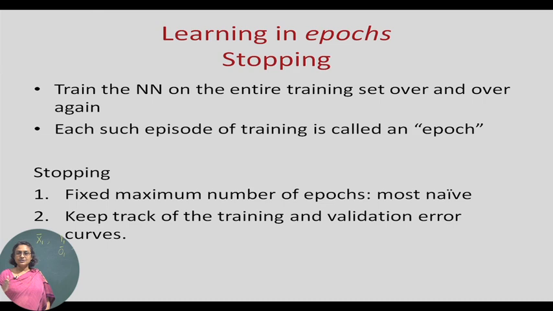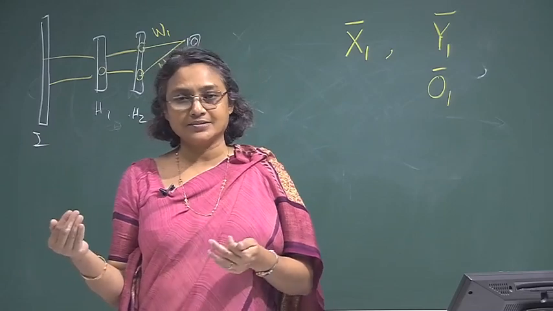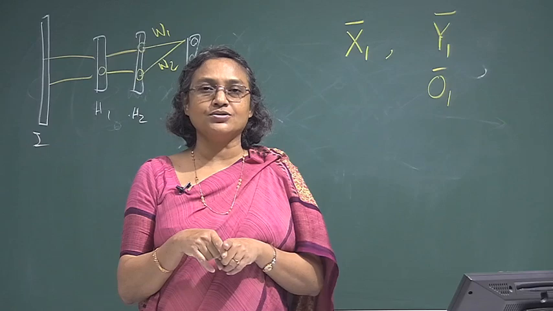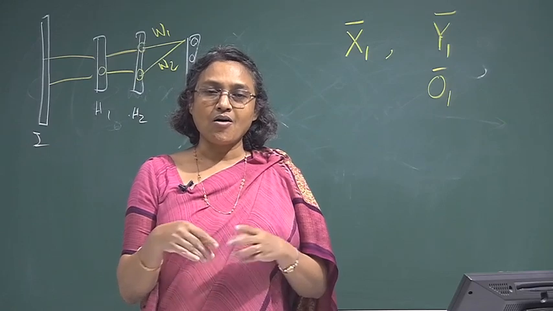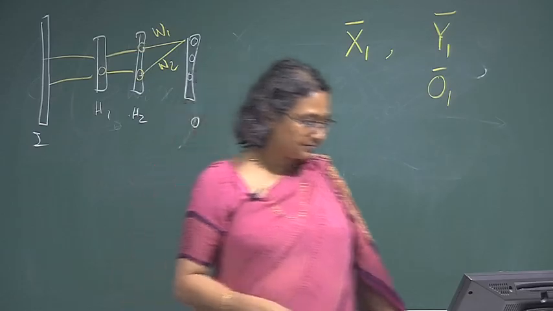And we can stop when the training error is getting a saturation, or we can use cross validation. While we are training the neural network, we can also keep validating it on a held out set. And when we see that the training and validation errors are close, then we can stop. Or we can stop when we reach a maximum number of epochs.